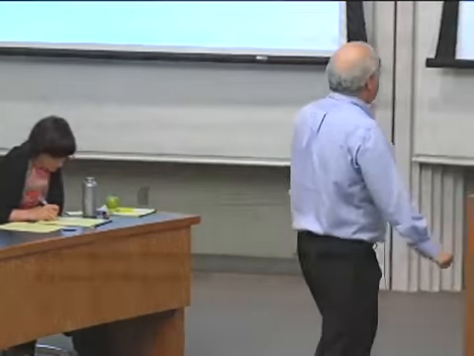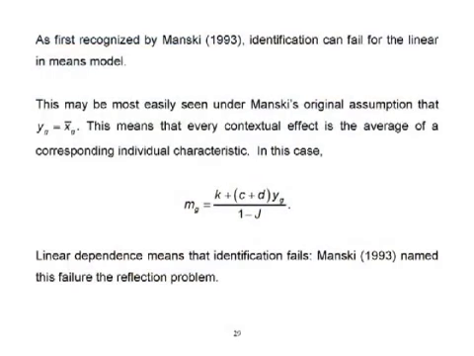So in Manski's paper, he has actually made an additional assumption. He assumed they're the same thing. In other words, the way he constructed his contextual effects was to say that every contextual effect is the average of an individual level variable. So in other words, there's a one-to-one mapping between them.